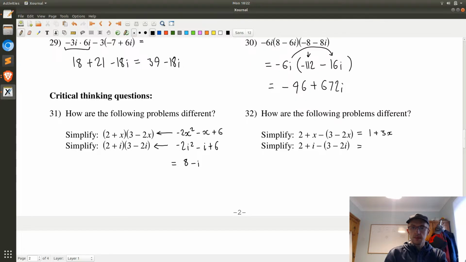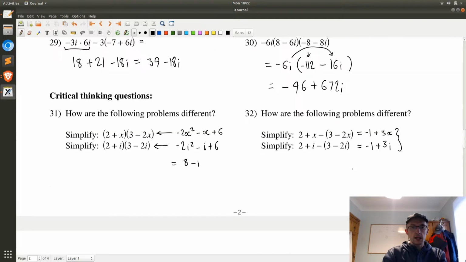And here, 2 take 3, so beg your pardon, that is -1 there, and -1 there. And then i add 2i, so that's 3i. So they're not so different, really.